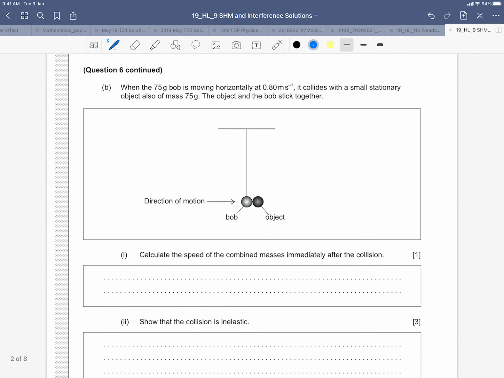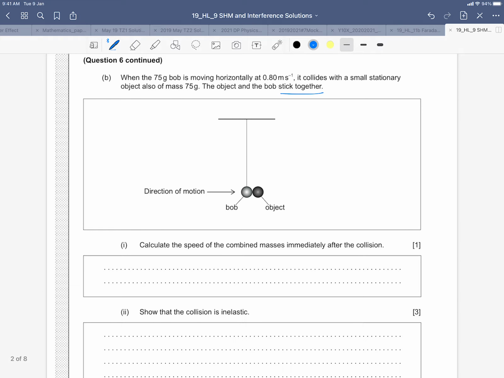Okay, so now we have sort of a small topic 2 question. Here in this topic 9 question, we have to do a little bit of collision theory. So the bob collides with a small stationary object, it has the same mass, and then they stick together. Of course, that's a totally inelastic collision, they stick together. Calculate the speed of the combined masses, conservation of momentum.